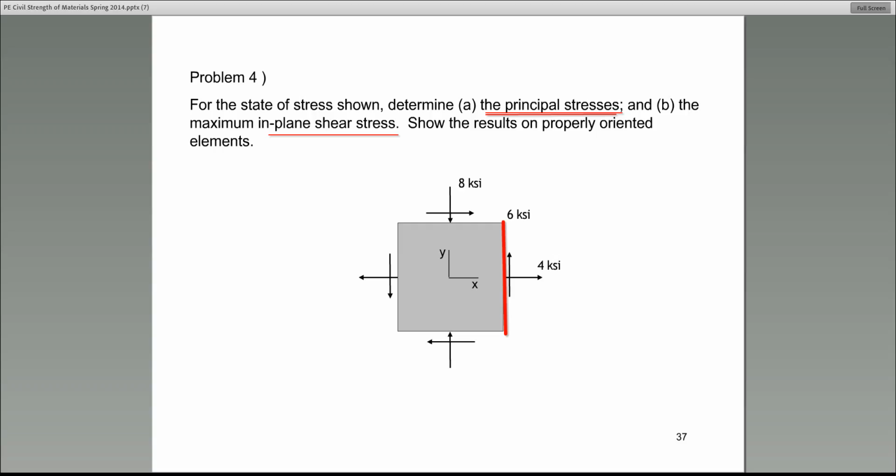I repeat, that red plane, I'm going to locate one single point on the circle that corresponds to that. Now, each point on the circle has an x-coordinate and a y-coordinate. Are you following me? Each point on the circle that we're going to create has an x-coordinate and a y-coordinate.